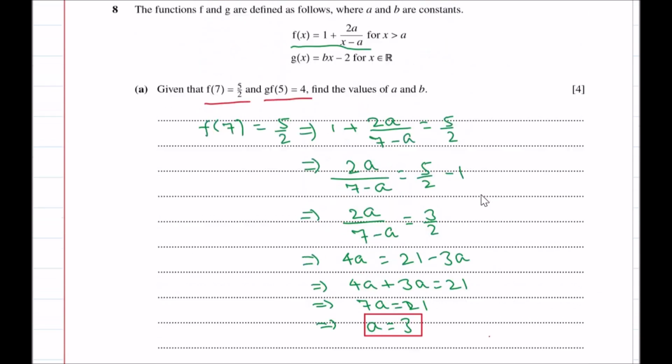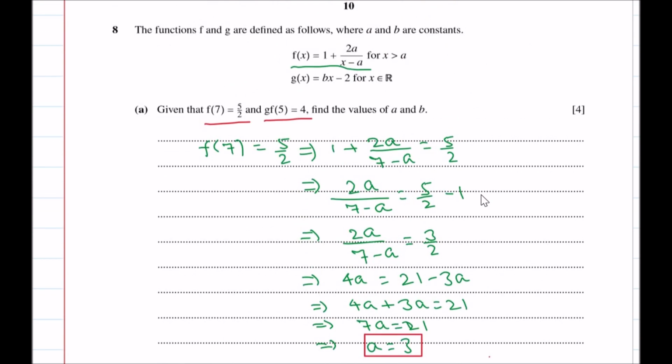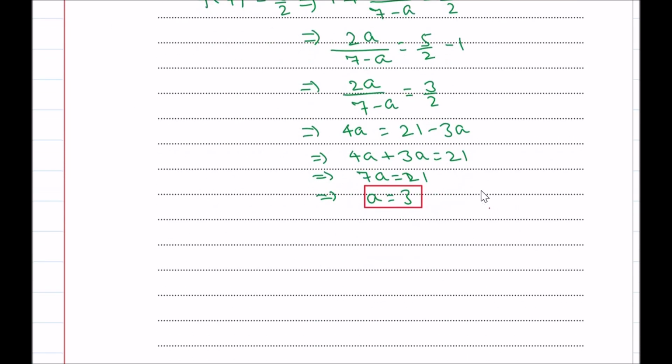Now from the second piece of information, gf(5) equal to 4, we can find the value of b. So let us find gf(5). We have gf(5) is equal to 4.